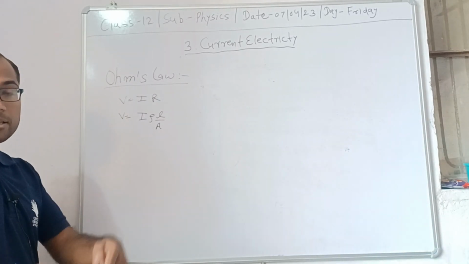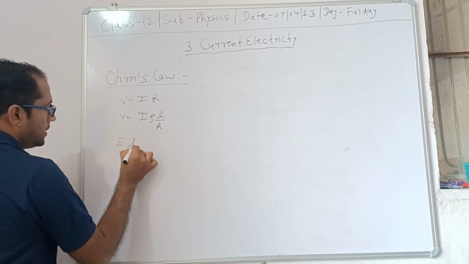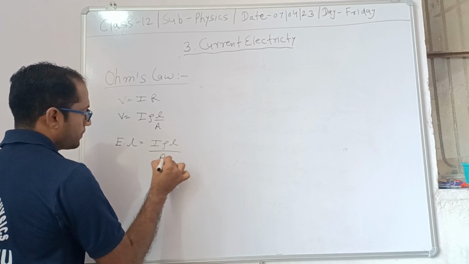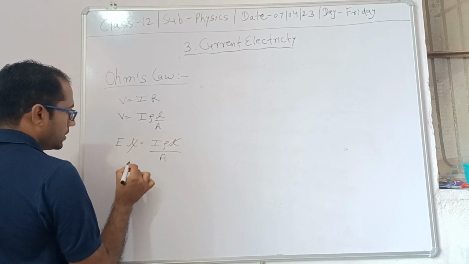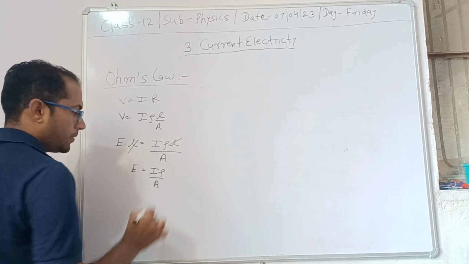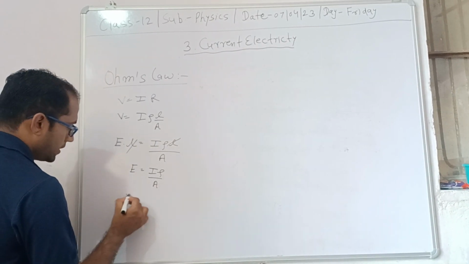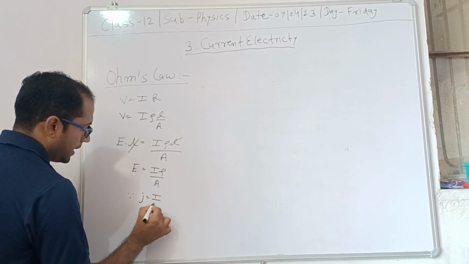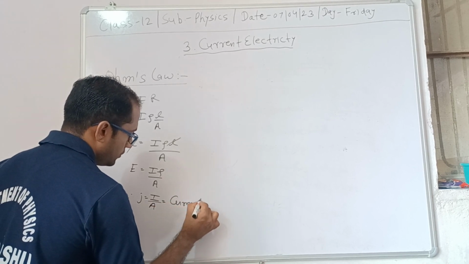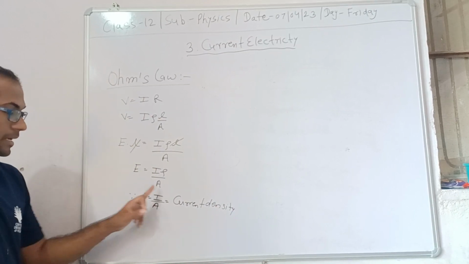We know that in the previous chapter we discussed the relation between V and the electric field E. This is E dot L, and this is I rho L by A. In both, L and L cancel out, so we get E equals I rho by A. We introduce a new property here: J equals I by A, and J is the current density, basically the current flowing per unit area.